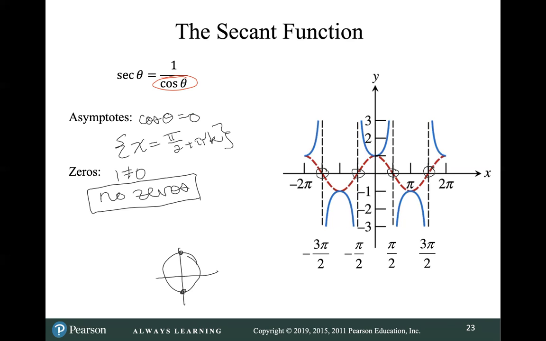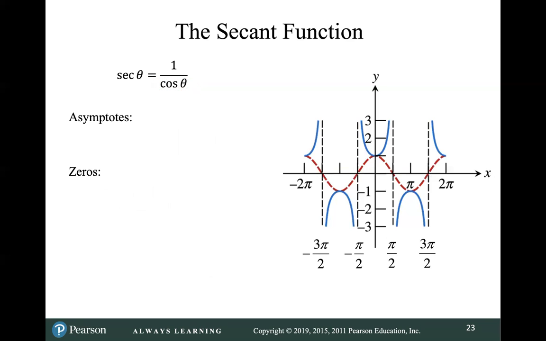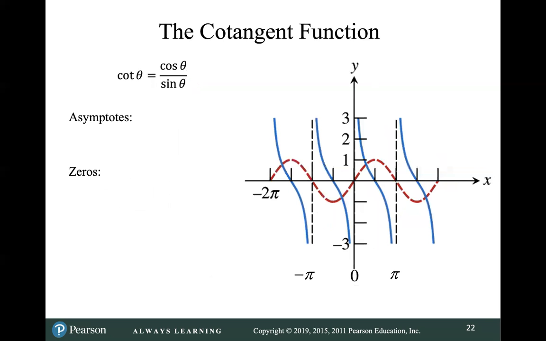Okay, secant also has a period of 2 pi. I didn't talk about the period for tangent and cotangent. It's all going to be on the final screen, but let's go back and look at tangent and cotangent really quick. If we look at cotangent, notice the difference here is that cotangent has the same shape twice, 3, 4 times in a row.